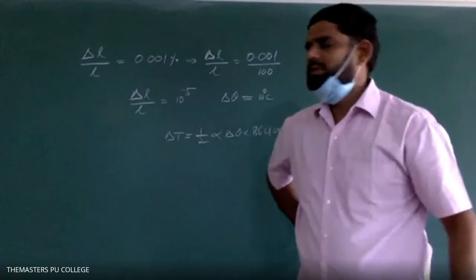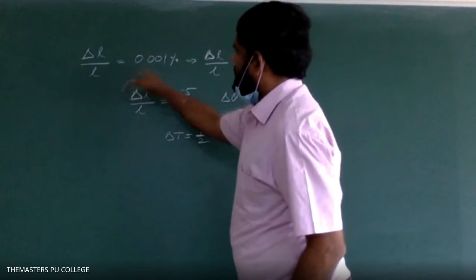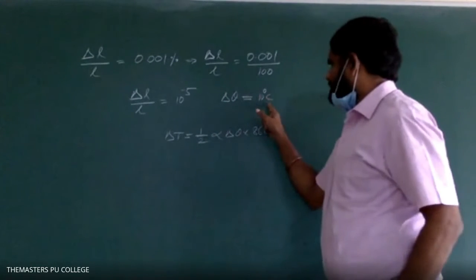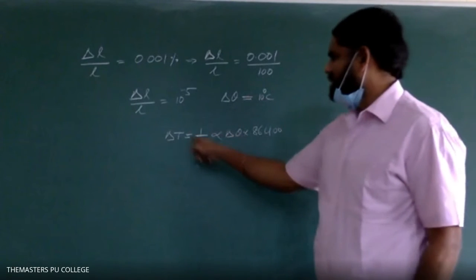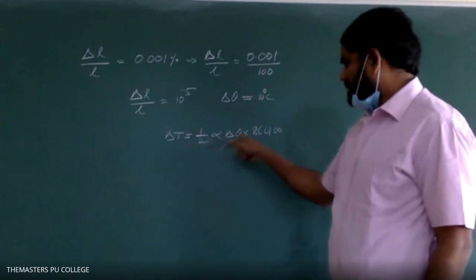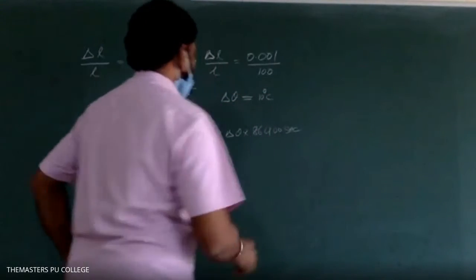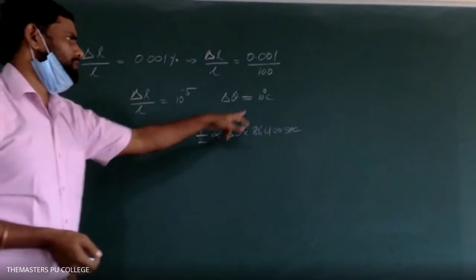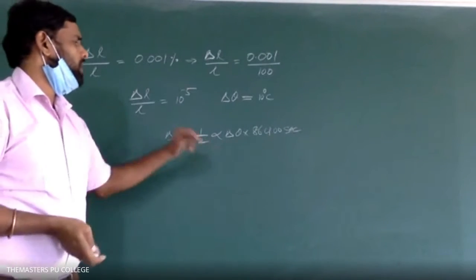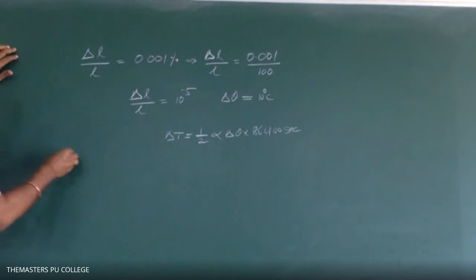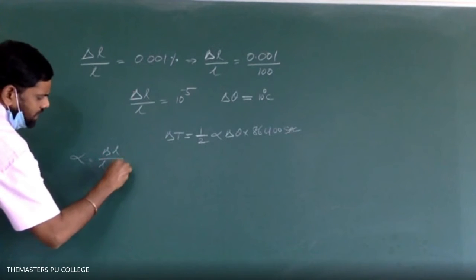They have given the percentage change in length for a temperature difference of 10 degrees centigrade, then what is the time lost or gained? The time loss delta T equals half alpha delta theta into 86,400 seconds. To use this formula, delta theta is 10 degrees centigrade, but we don't know the alpha value. To calculate alpha, we know that alpha equals delta L by L into delta theta.